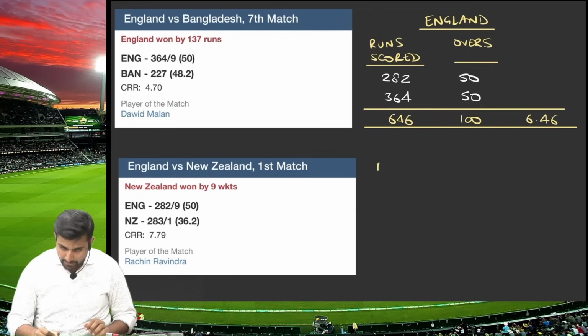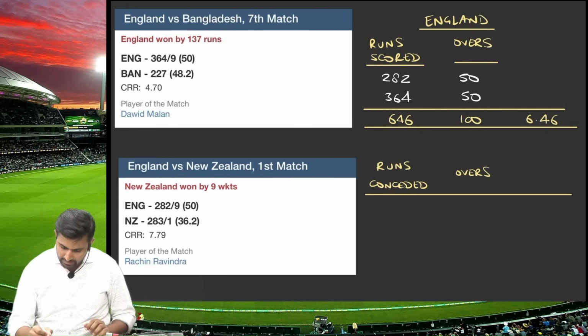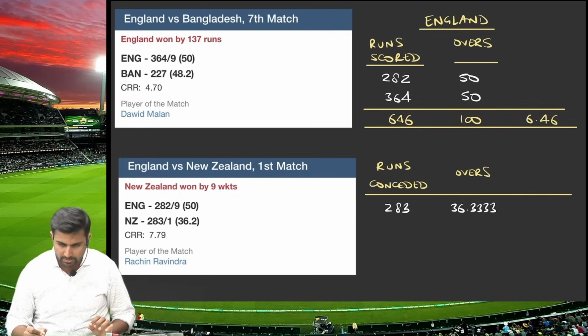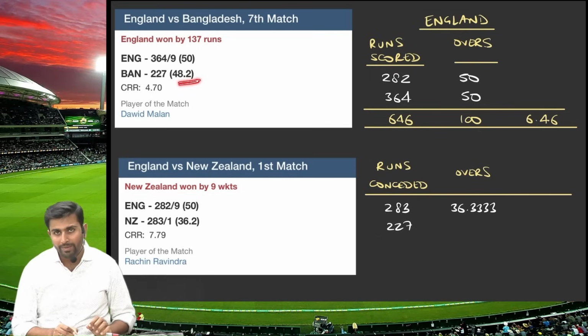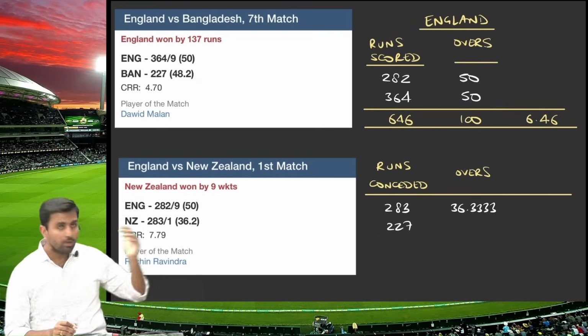We will now compare this with the number of runs conceded by England and the number of overs that they have bowled. England has conceded 283 runs in their first match against New Zealand, and the number of overs we will take up as 36.3333 overs, because it is 36 overs and 2 balls. Whereas when they were bowling to Bangladesh, they had conceded only 227 runs, but 48.2 overs will not be taken as 48.2 because they bowled out the Bangladesh team.